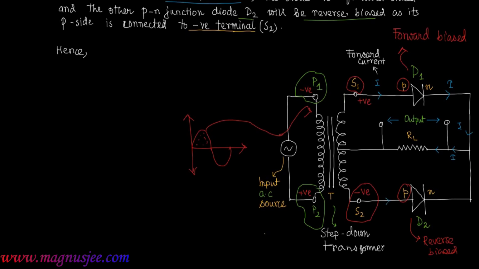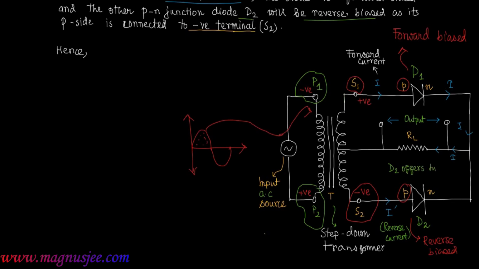But here I prime is the reverse current, and I is the forward current. And the diode D2 offers what type of resistance against the reverse current?